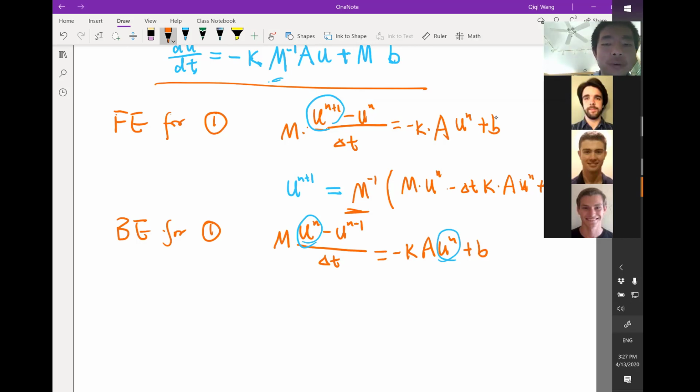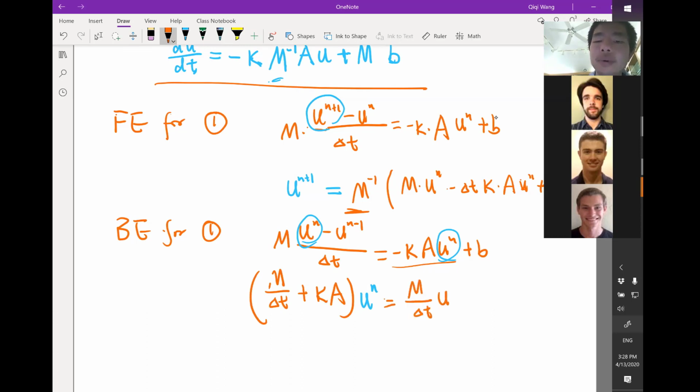So if you look at the left hand side, what you have is M divided by delta t, and you lump in the right hand side plus kappa A, so that whole thing times my unknown u^n would then equal the known part of the equation, M over delta t times u^(n-1) plus b, right?